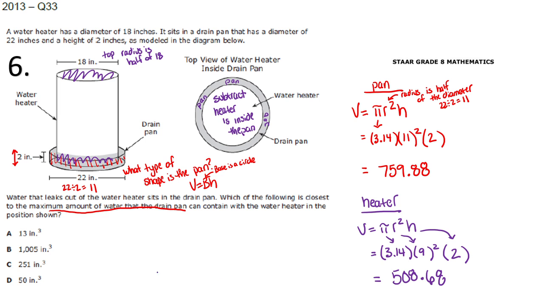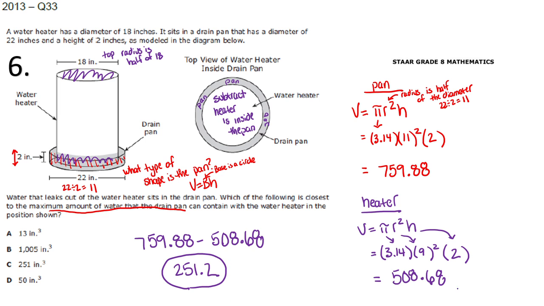So to finish off this question, we do 759.88 minus 508.68. And that is 251.2. Okay, so which answer choice matches up best to that? That would be C.